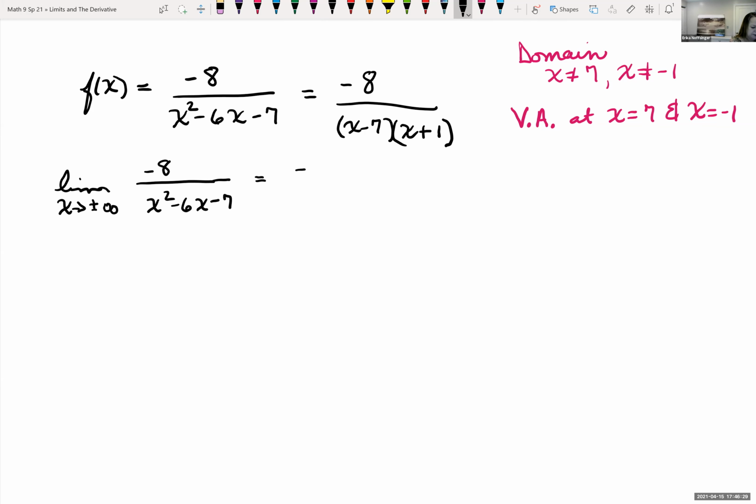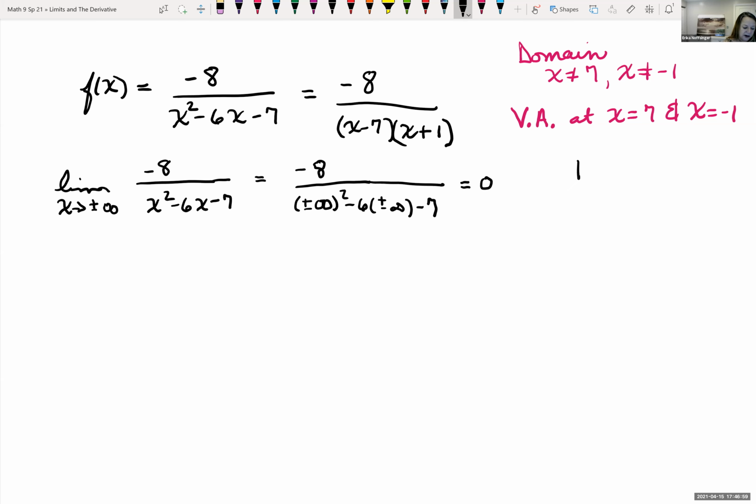Well, if you plug in positive or negative infinity wherever you see an x, you get negative 8 all over plus or minus infinity squared minus 6 times plus or minus infinity minus 7. So that denominator is growing and our numerator is staying the same. And so something small over something huge is going to go to 0.